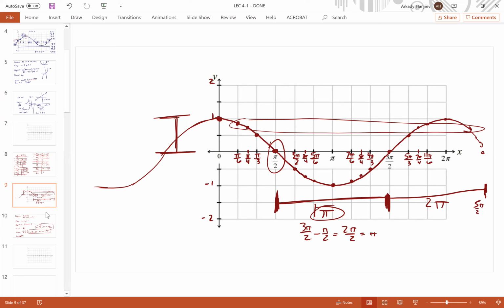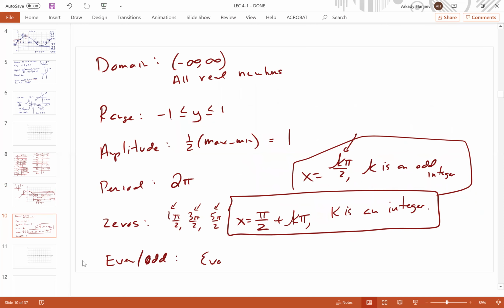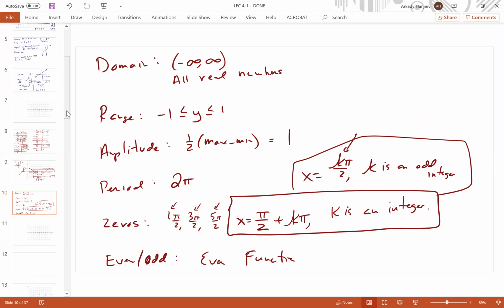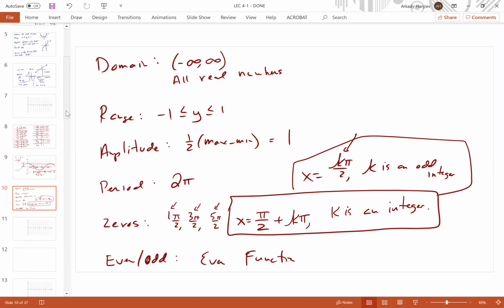So if you have symmetry about the y-axis, it kind of looks like the x squared graph, right? You can fold it on itself along the y-axis, and this graph will fold right on top of itself. We call this an even function. So cosine is an even function. Okay, talk to me. Are we good there? Does that make sense? Yes. Okay.